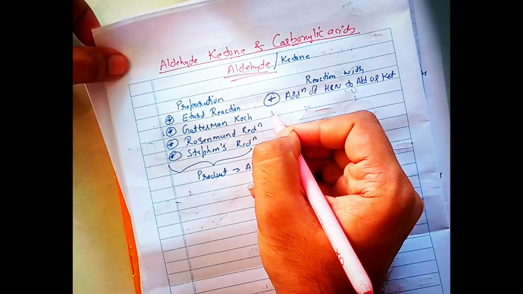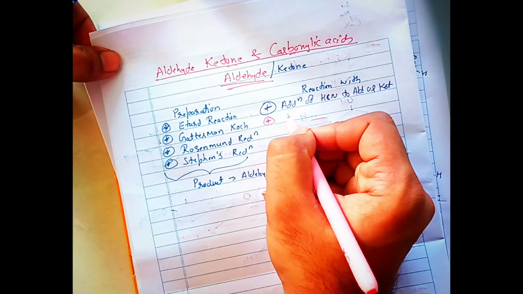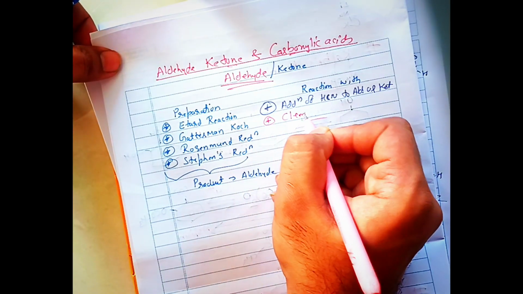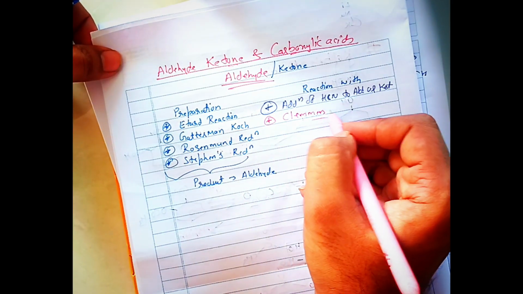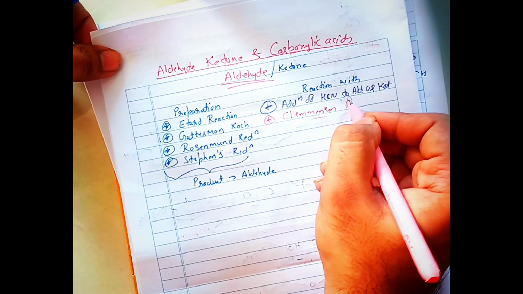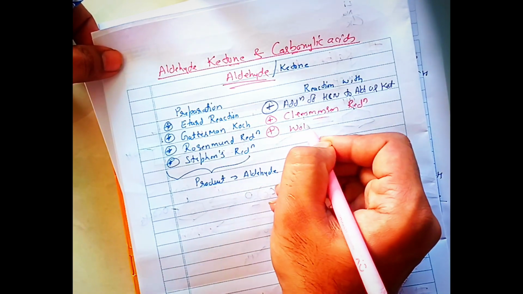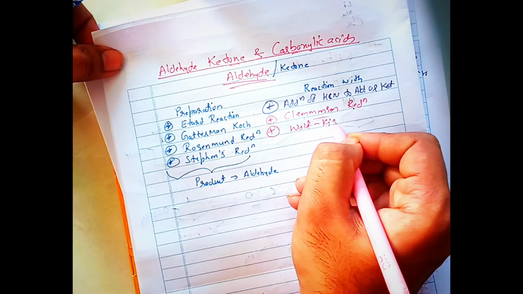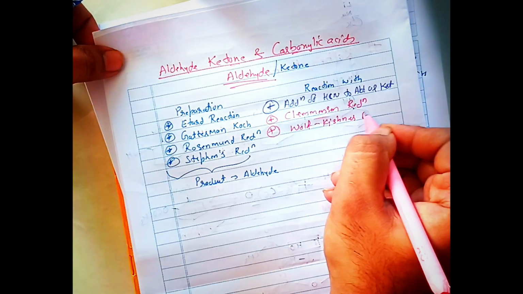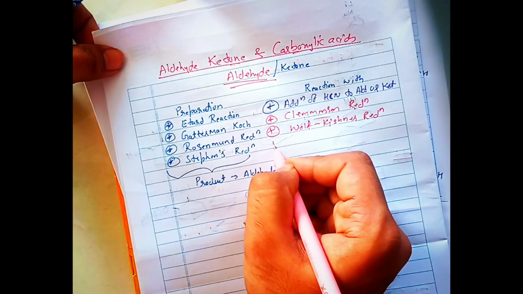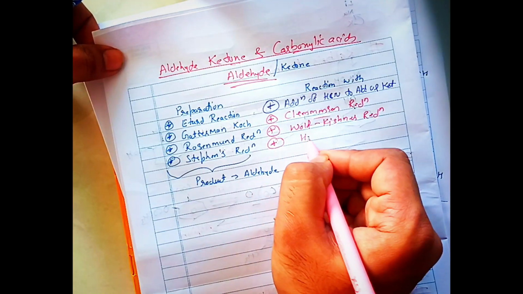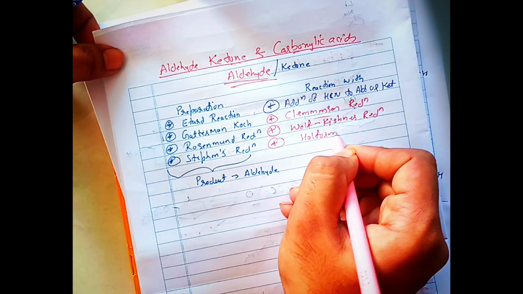Okay, and then we will add the Clemmensen reduction. Okay, then there will be Wolff-Kishner reduction, right? Then there will be the haloform test.